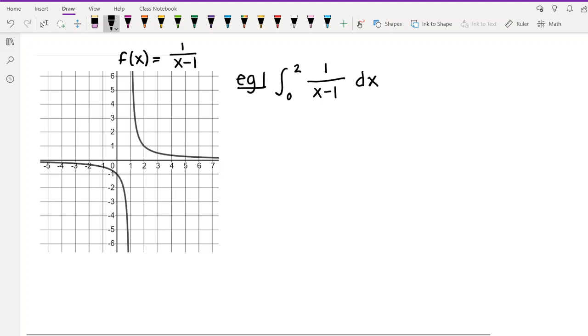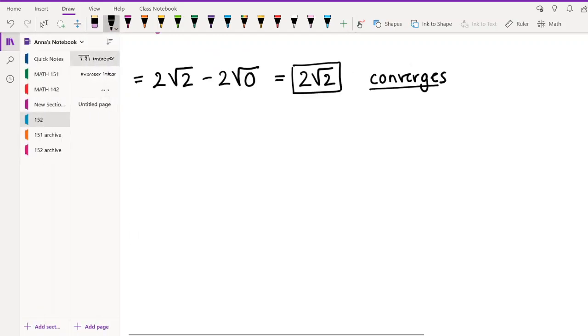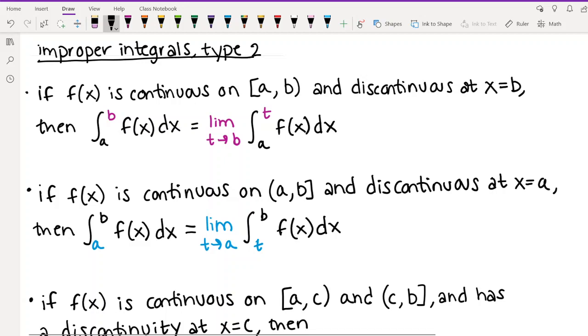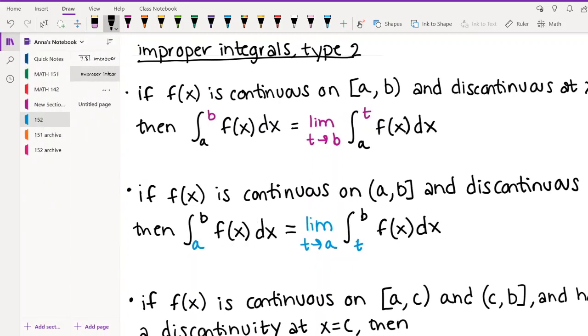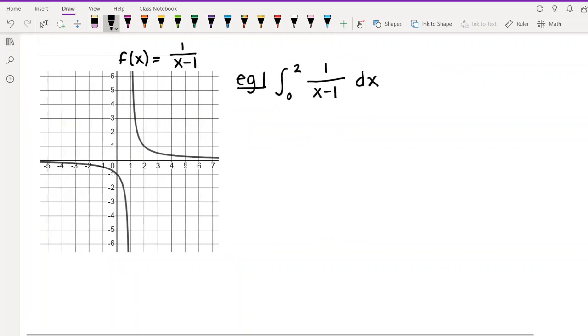So because 1 falls between 0 and 2, this is still an improper integral, even though that 1 is not one of our bounds. So how do we deal with this one? We actually just split it up, because really the only improper integral that we know how to do is if the discontinuity is at one of our two bounds. And so that's what we basically just force to happen. So how do we do that?